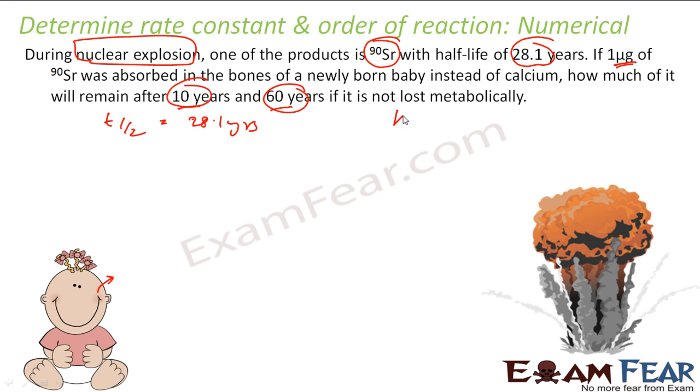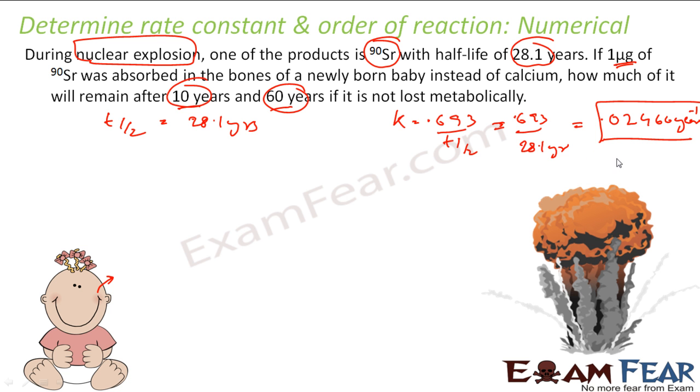I know K is nothing but 0.693 by T half, that is 0.693 by 28.1 years, and that is nothing but 0.02466 per year. That is the value of K. Very critical value. I got the value of K for this reaction.